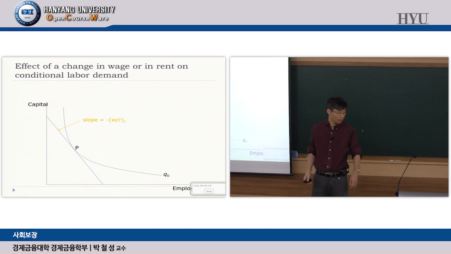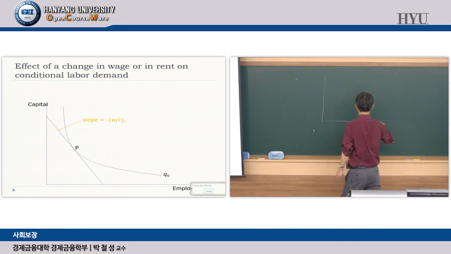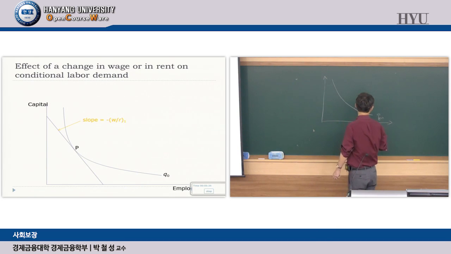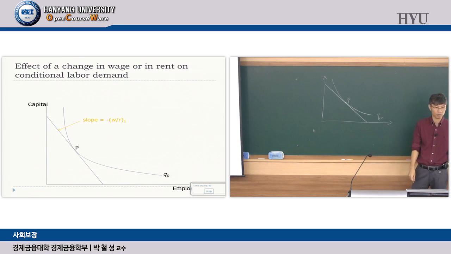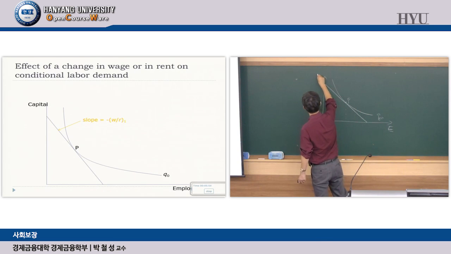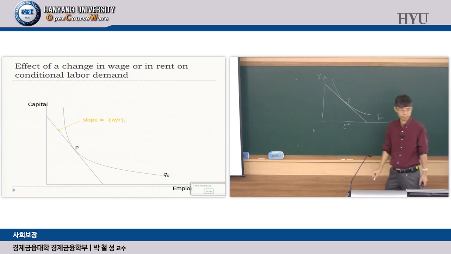I will draw a diagram here. So let's say they want to produce Q0, and we know that if the ratio of W to R is given by this slope, point P is the optimal choice. So let's say this is employment, this is capital, and this is the optimal choice.